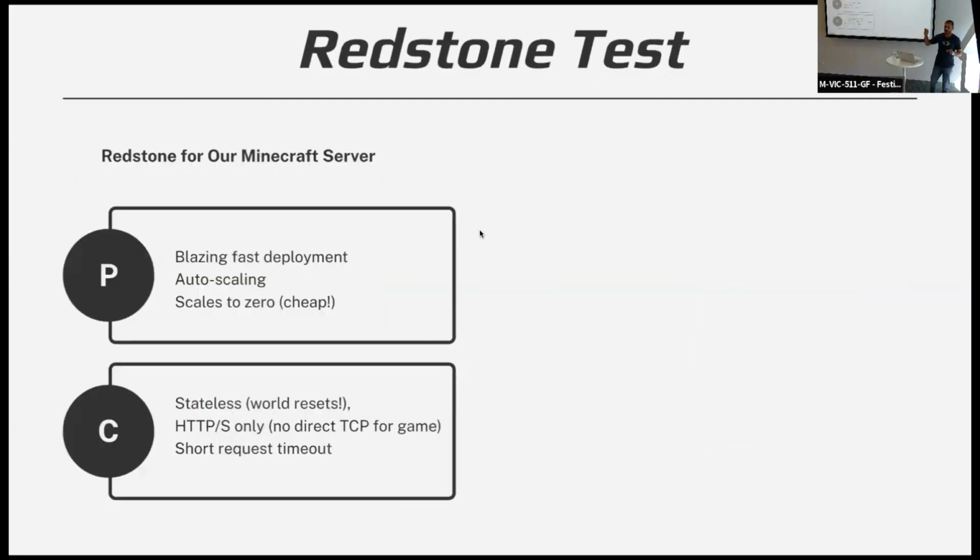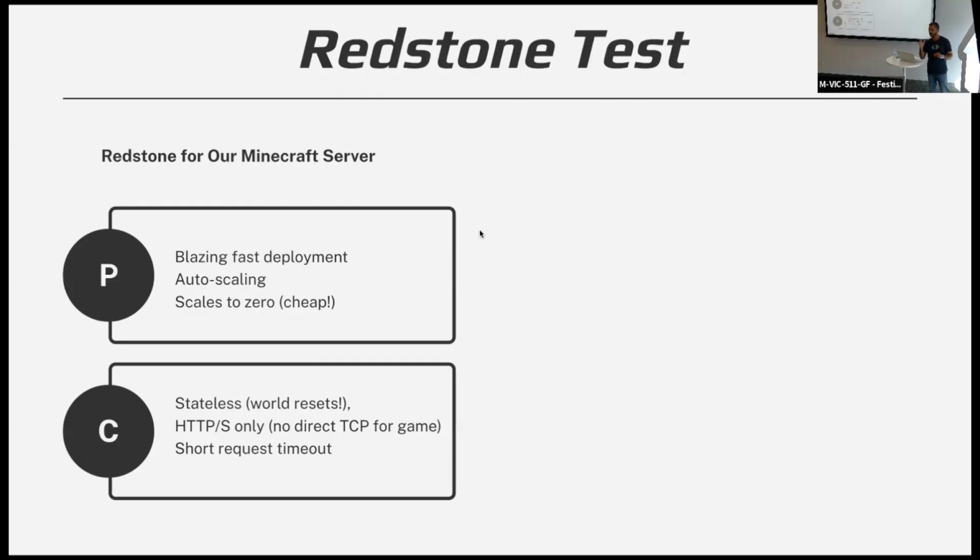Let's take a look at some pros and cons and our specific use cases. So pros, yes, it is really very fast deployments. It does scale up and down automatically, so auto scaling. And it is very, very cheap. Specifically, if there are few users or no users at all, we don't pay that much, or we pay 0 for specifically the compute.